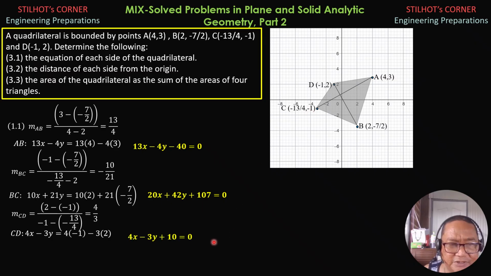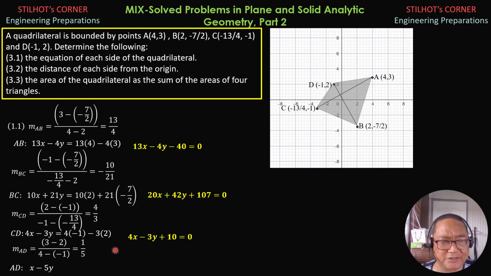That's the equation of CD. Then finally, the slope of AD is 3 minus 2 all over the quantity 4 minus negative 1, and that's 1/5. For the equation of AD, I choose (4, 3): x minus 5y equals 4 minus 5 times 3, and that is x minus 5y plus 11 equals 0.